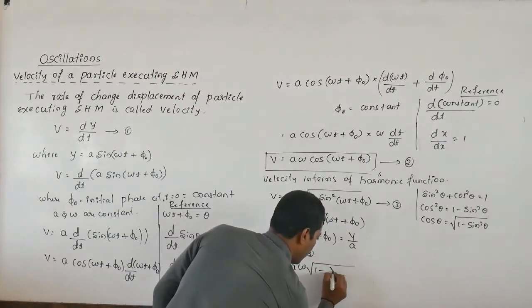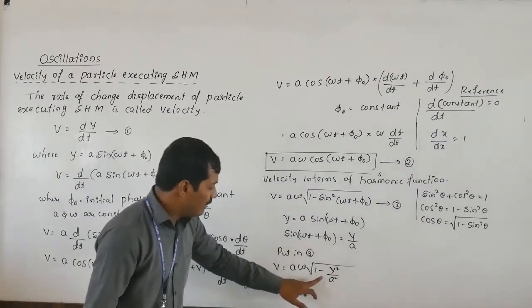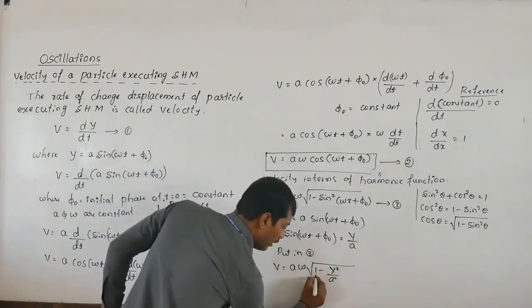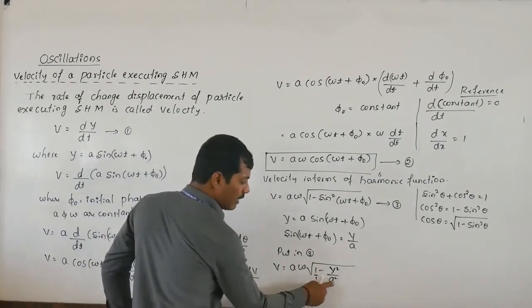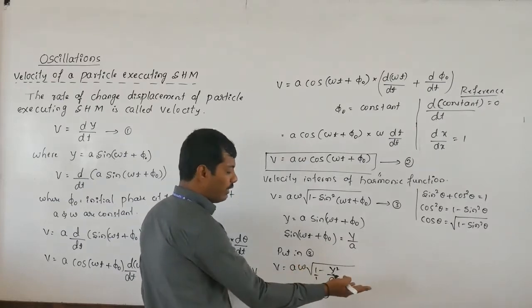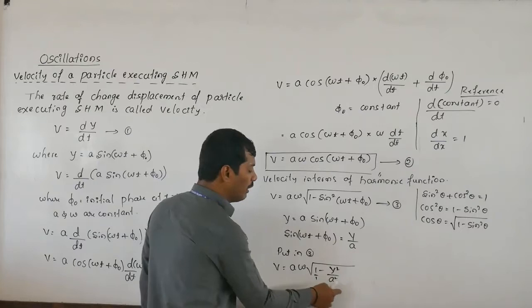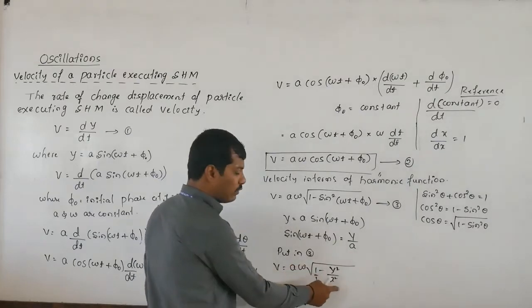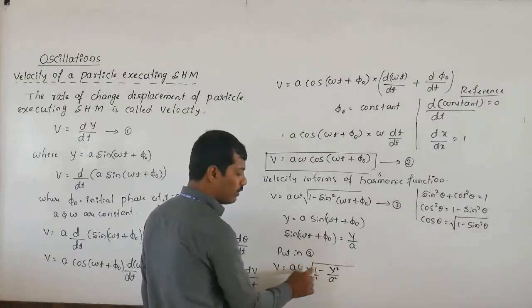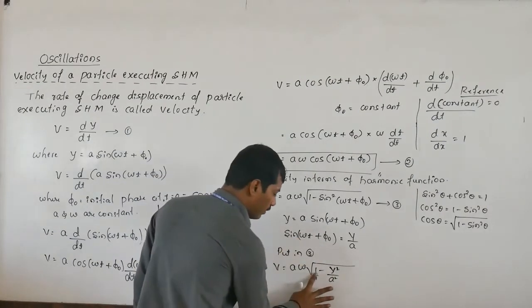The LCM here is a square. Taking the LCM by cross multiplication, 1 into a square is a square, 1 into y square is y square, divided by the denominator a square.